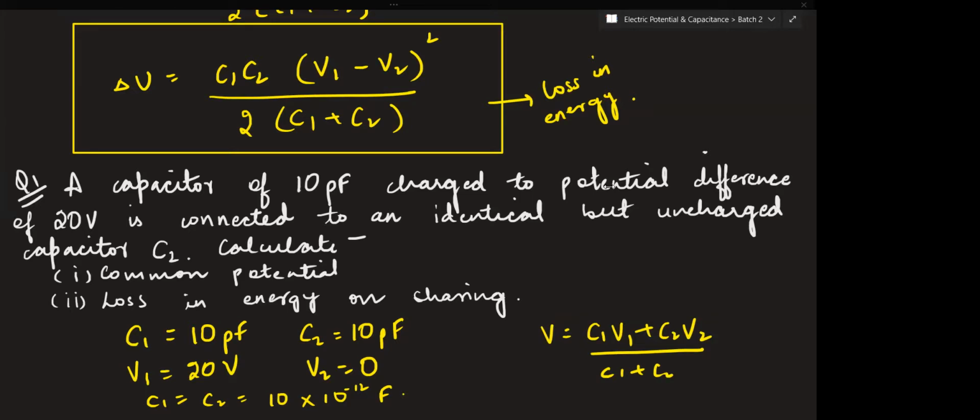Fatima, your answer is 2 into 10 to the power minus 12. There is some error, Fatima. Just check once again. Others also, please try. Only Fatima, Atif, Kulsum and Akifa have tried this question.